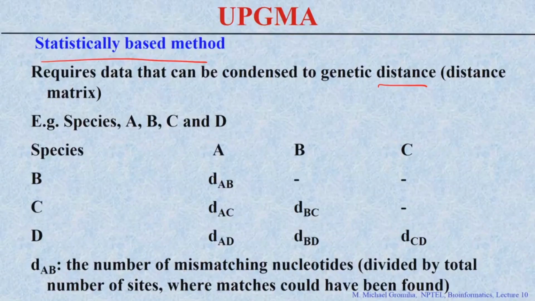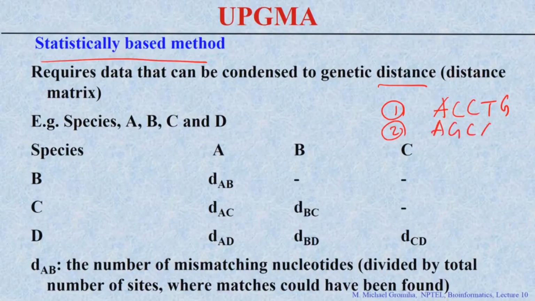So how do you think about the distance here? In this case we know only the sequences. This is, for example, sequence number 1: A, C, C, T, G. Sequence number 2 is A, G, C, A, G. How do you calculate the distance between these two? It is the two dimensional case, not the three dimensional one. We see how different they are from each other, that is, how many nucleotides are different.